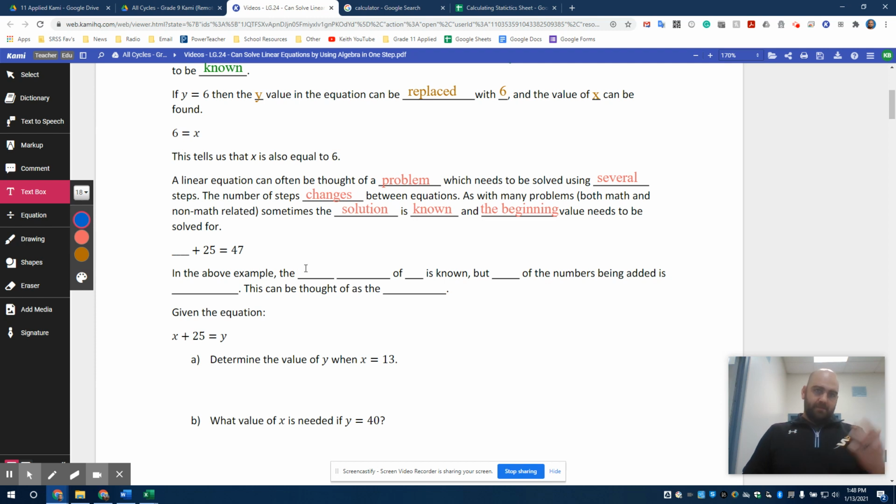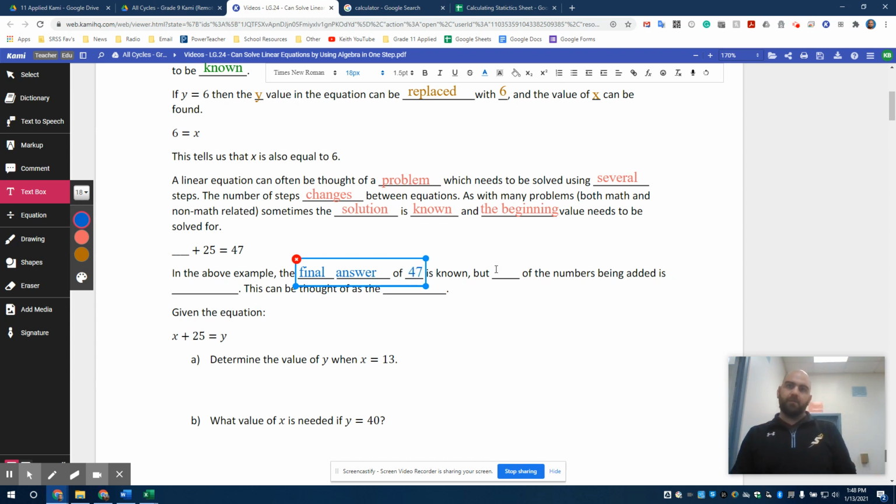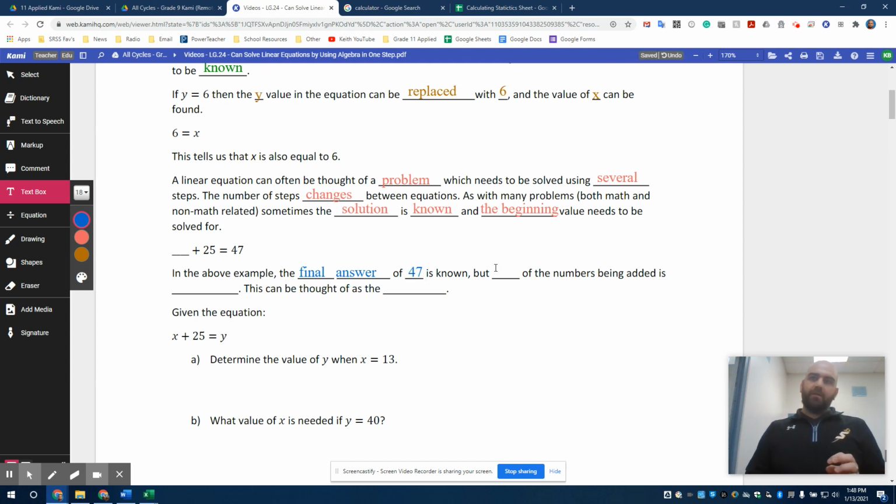In this example, the final answer of 47 is known, but one of the numbers that's being added is unknown, and we can think of this as the variable.